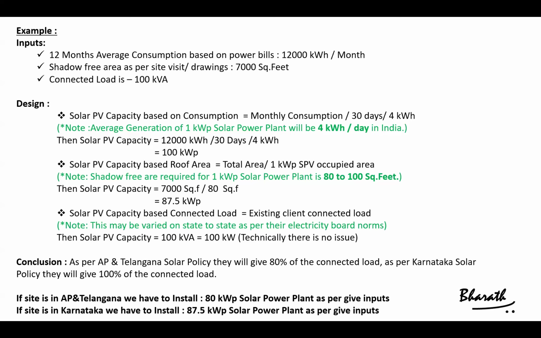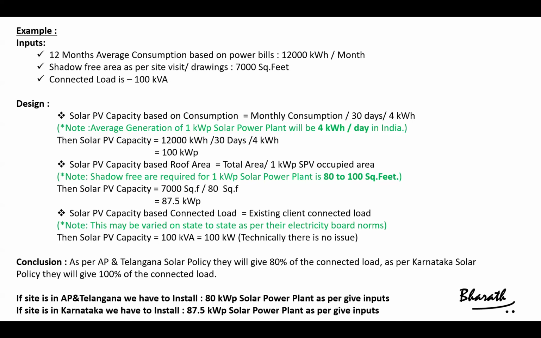The next factor you have to check is the roof area: total area divided by the area required for 1 kilowatt. They have 7,000 SFT, divided by 80 SFT for 1 kilowatt, so it comes to around 87.5. Actually, this is based on layout drawing. If you design one layout drawing, then we can know exactly. But for a rough calculation for an initial proposal, we can check like this.